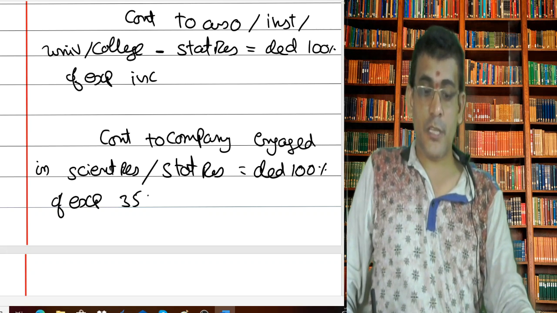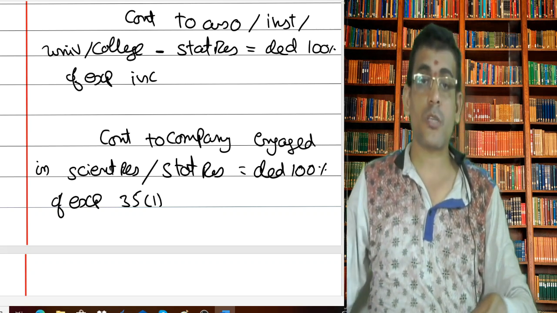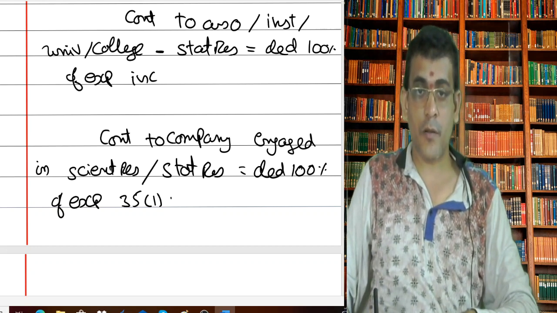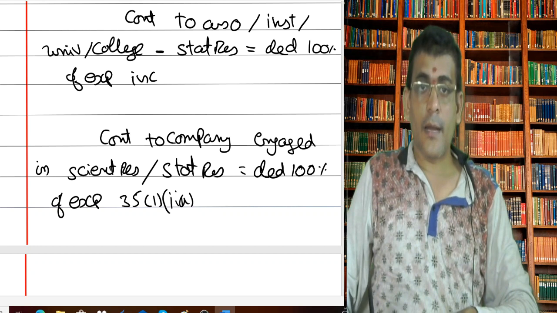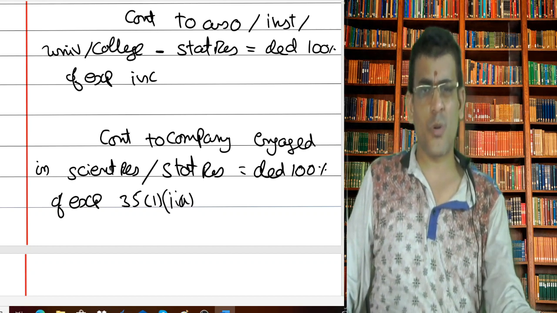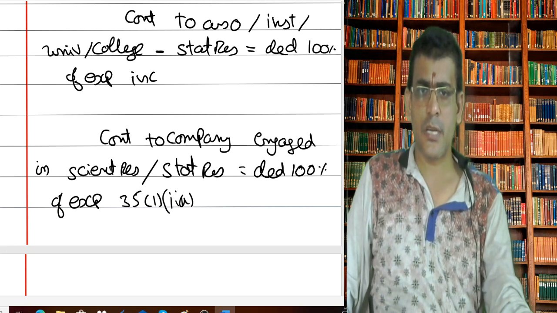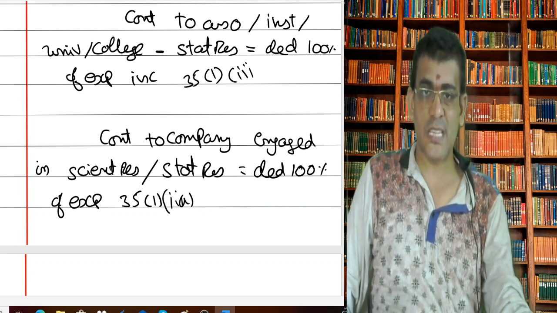So ultimately, a contribution to a company engaged in scientific or statistical research is covered as a part of section 35 subsection 1 clause 2A. Any sort of contribution to an association or institution or university for statistical research forms part of section 35 subsection 1 clause 3.